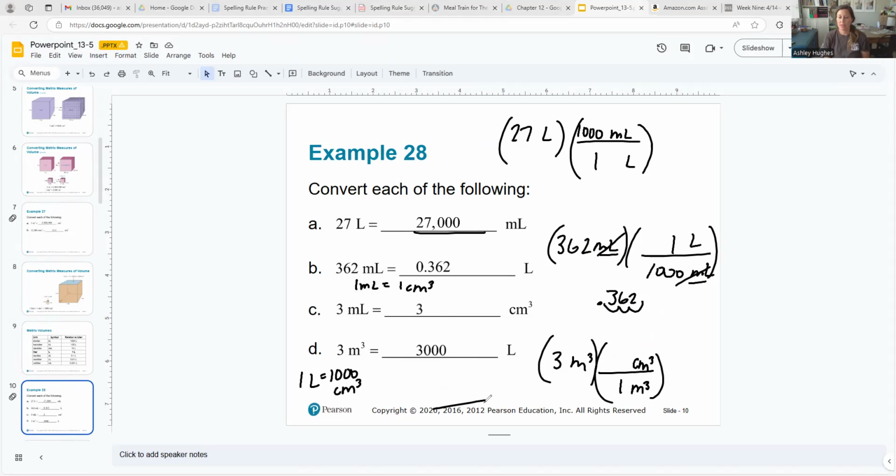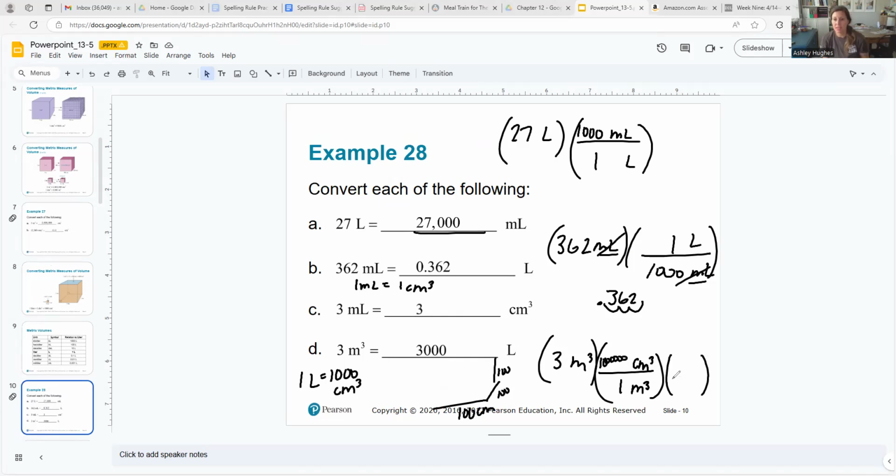Well, let's think about it. In 1 meter, I have 100 centimeters, and this would be 100 centimeters, and then another 100 centimeters. So I have 1, 2, 3, 4, 5, 6 zeros.